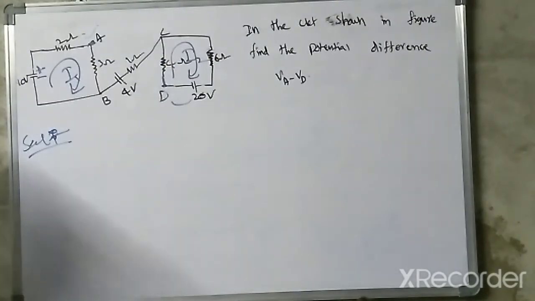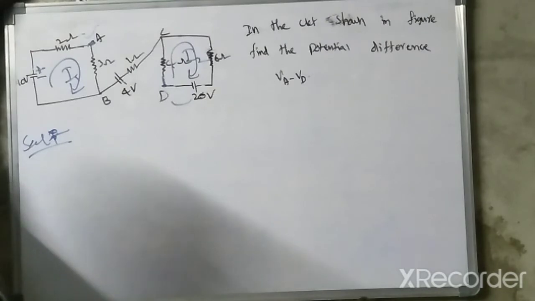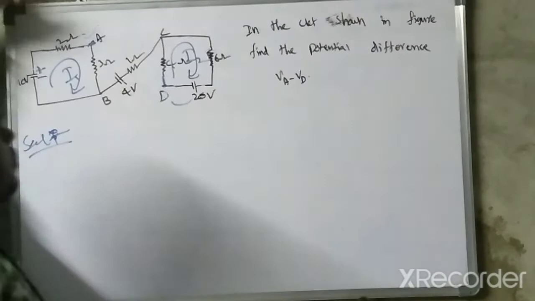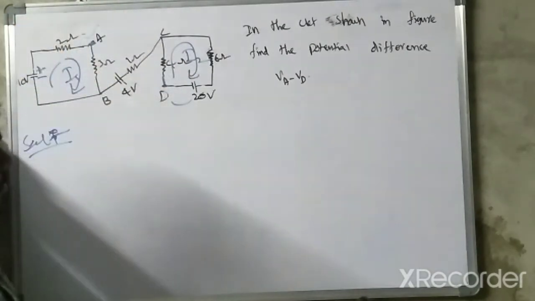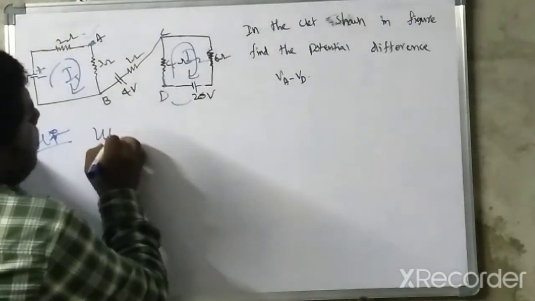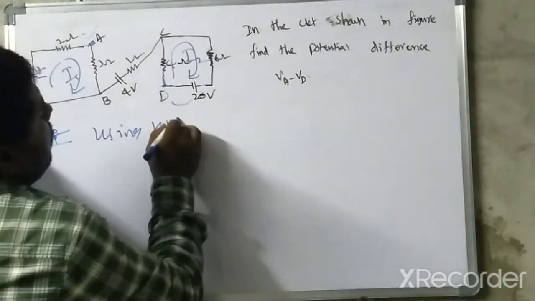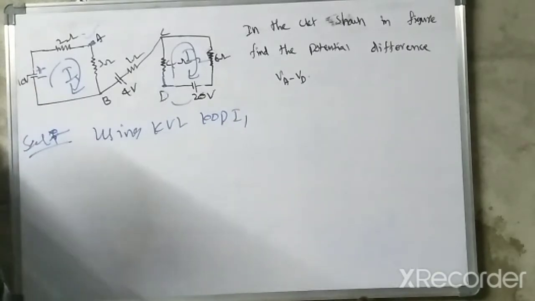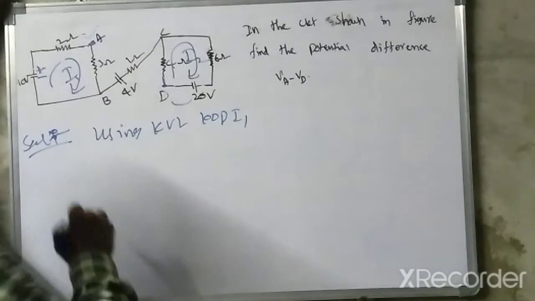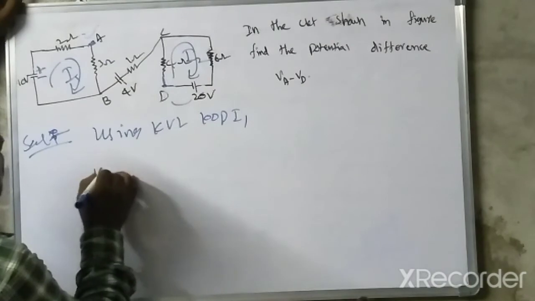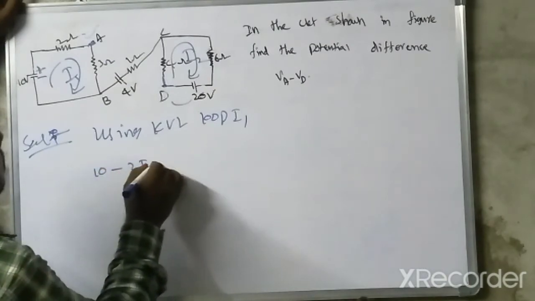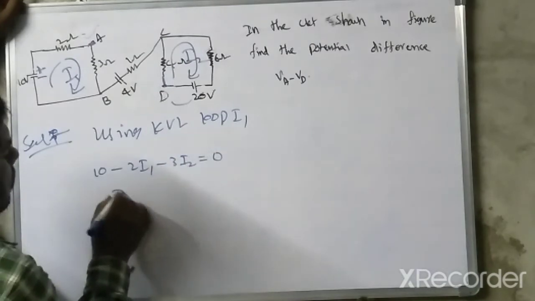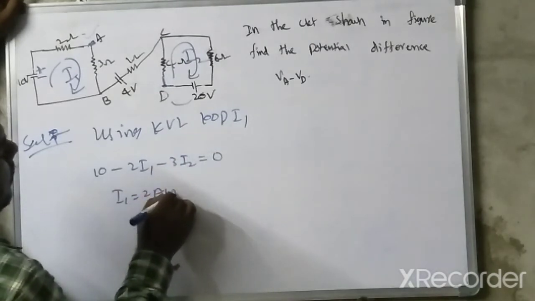Here is one closed loop, so using KVL in loop I1: plus 10 minus 2 into I1 minus 3 into I2 is equal to 0.